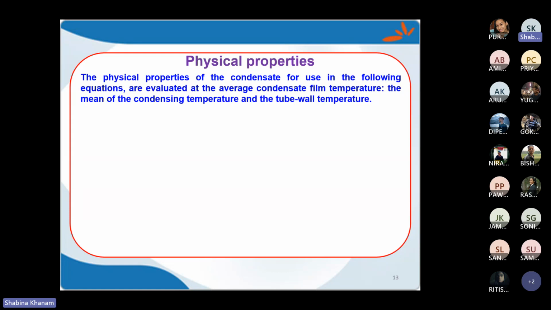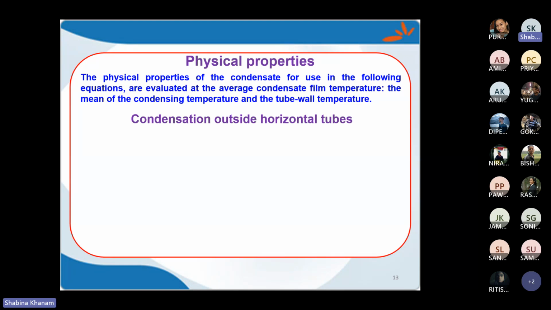How you will collect the physical property, as we have already discussed in shell and tube heat exchanger, the method is not different, but you need to consider the right value of the temperature. In that way you can collect the physical properties. And once I'm having the physical property, we can proceed for heat transfer coefficient calculation.